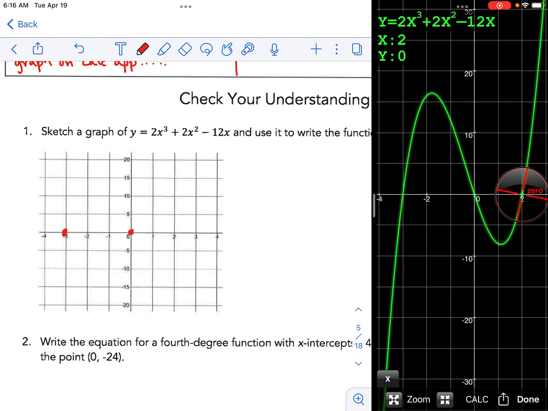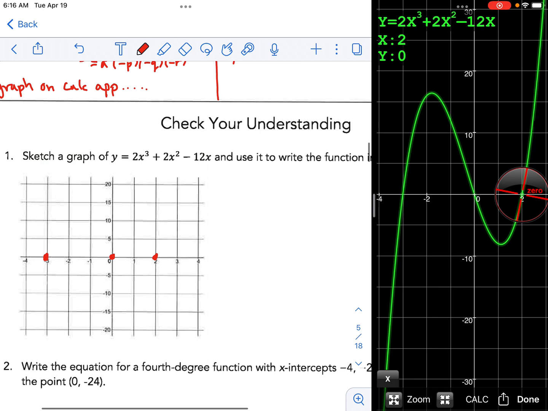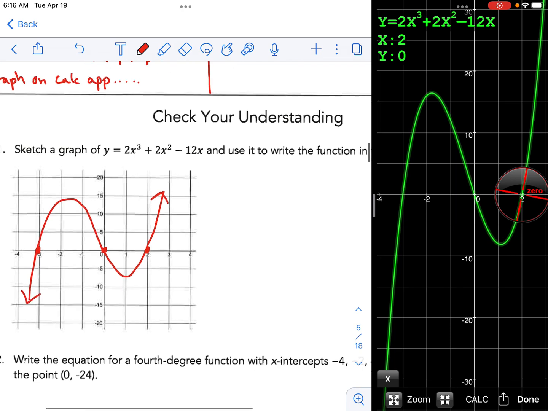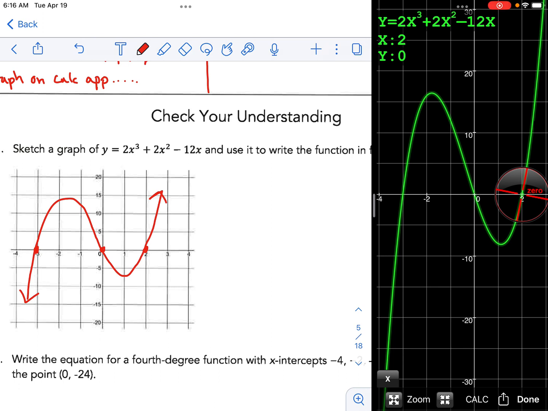So -3 and 0 and 2. And so if the homework starts out by giving you graphs and it wants you to write a possible equation, when we say a possible equation, I mean we are going to leave it with the a as part of the equation.